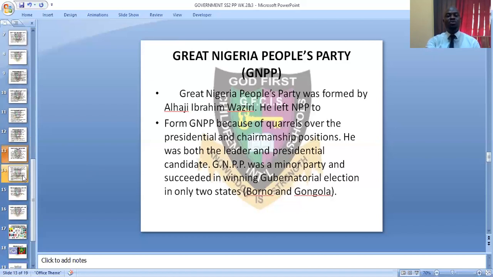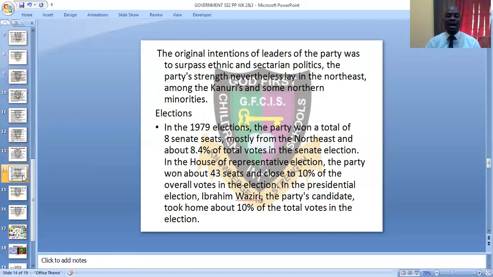The original intention of the leaders of the party, that is GNPP, was to surpass ethnic and sectarian politics.